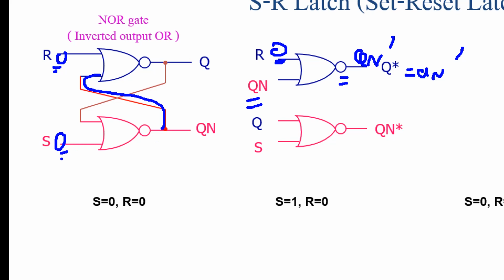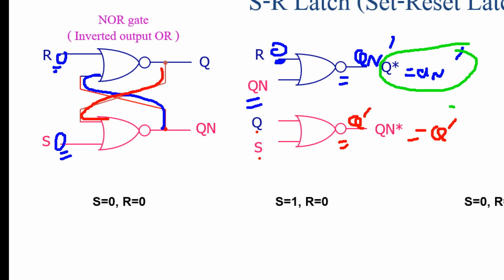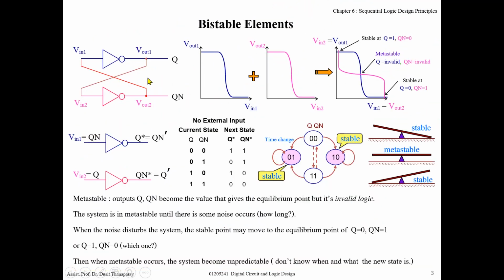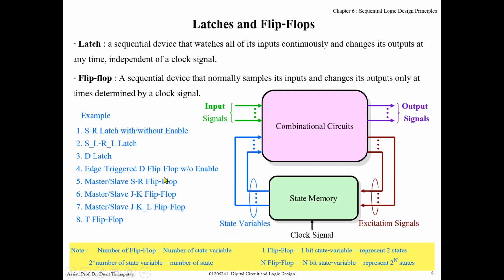This one, when S is 0, is from Q. Q or S, and invert, then it becomes Q prime. So Qn star is Q prime. Based on this relation, we know that this is the same as the previous circuit, right? Q star is Qn prime, Qn star is Q prime. Yes, it's bistable.